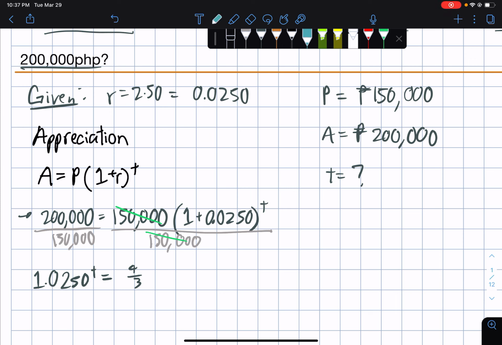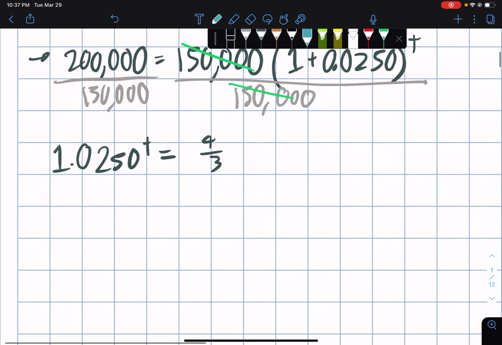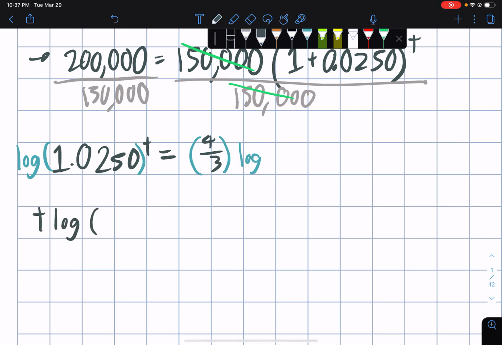And I know that it's unlikely to divide both sides by that number. In order to bring down the variable exponent, we have to put logarithm, or log, on both sides. I'm just writing log here at the right side since it doesn't fit here. So in that sense, we have t log 1.0250 is equal to log 4 over 3.